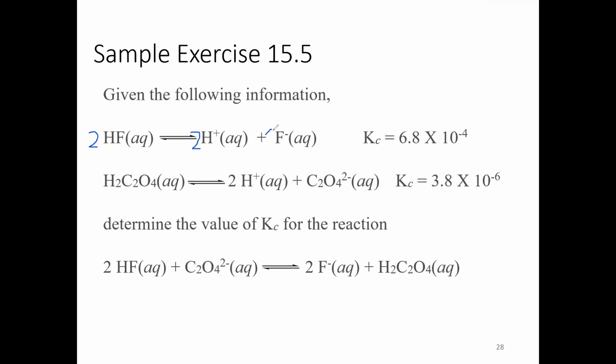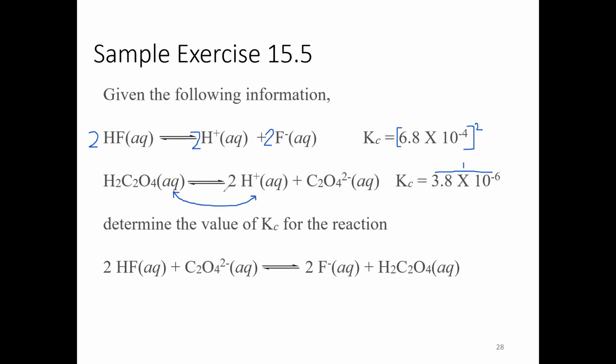That means we're going to take this equilibrium constant and just square it. And with this one, since we're flipping everything around, we're going to take the inverse of it.